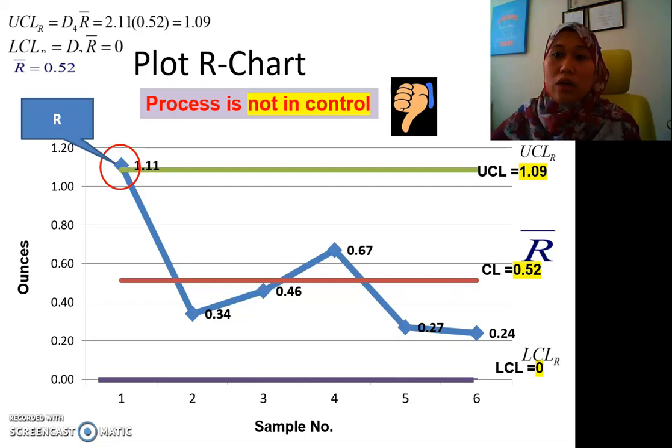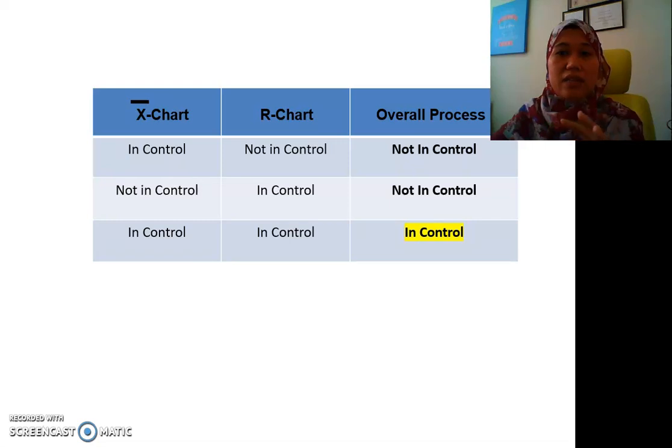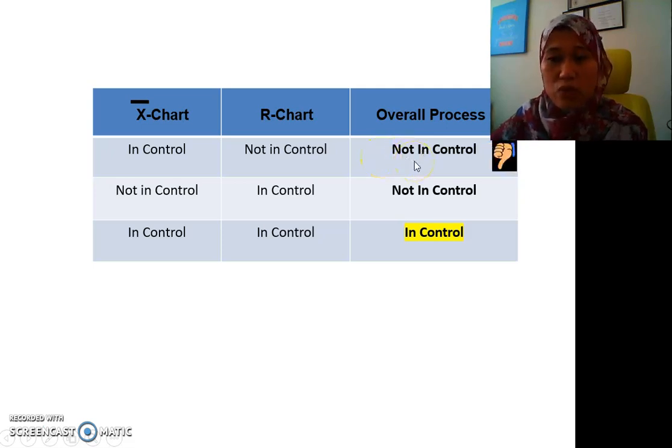For the conclusion, we need to read the X bar chart together with the R chart. If the X bar chart is in control but the R chart is not in control, the overall process is not in control, so we need to investigate, solve it, and make sure the process is smooth.